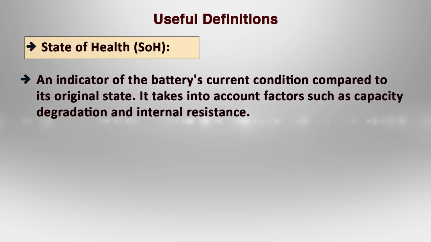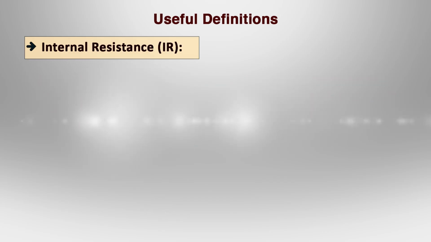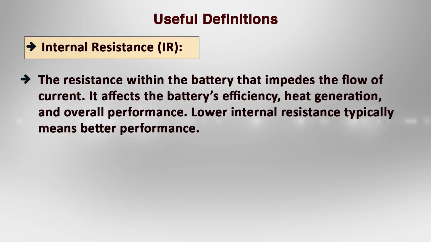The next parameter is the state of health, more commonly known as SOH, an indicator of the battery's current condition compared to its original state. It takes into account factors such as capacity degradation and internal resistance. The next parameter is the internal resistance, the resistance within the battery that opposes the flow of current. For better performance of the battery, the internal resistance should be very minimal.